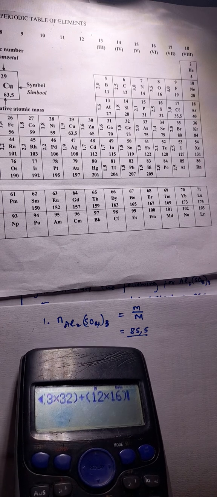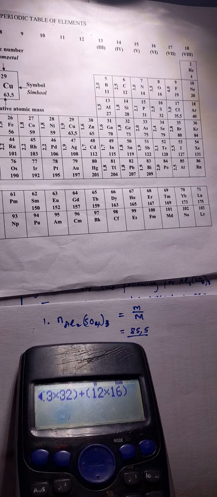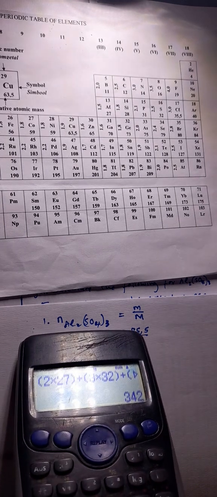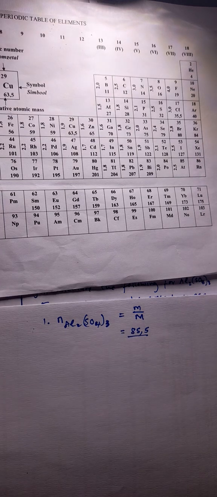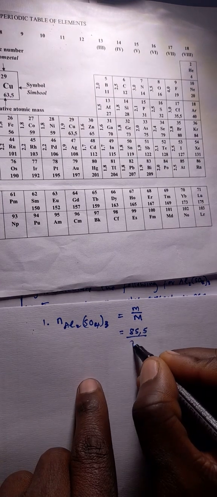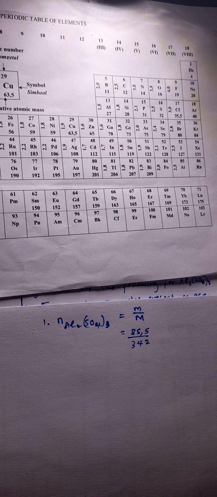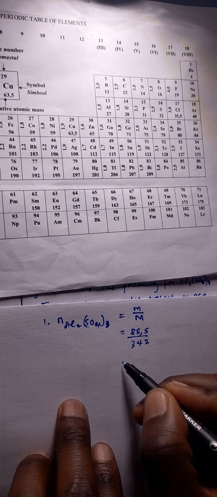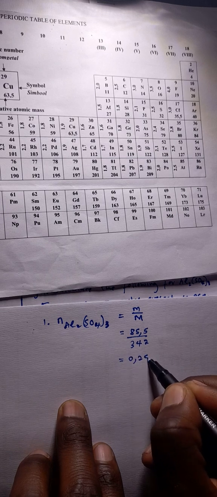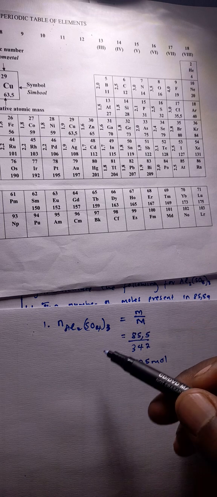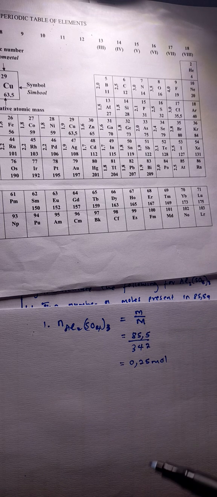The answer is 342. It's 342 grams per mole. When you divide the two, you are going to get 0.25. So I'm getting 0.25 mole. So this is the mole of aluminium sulfate.